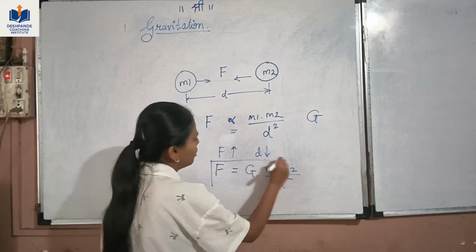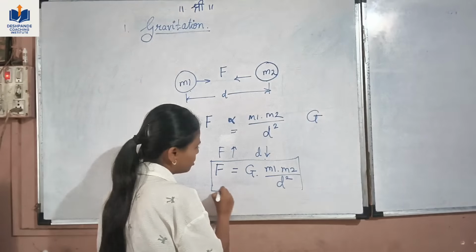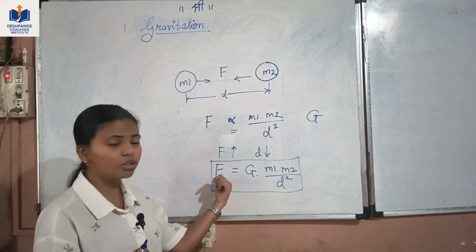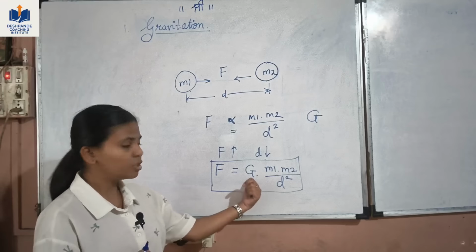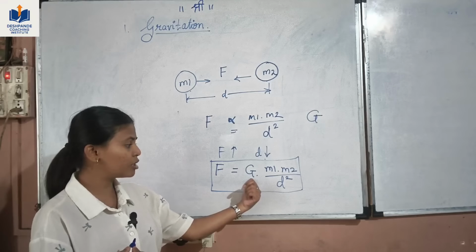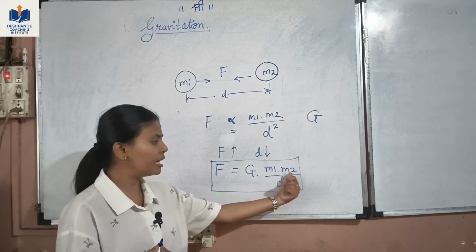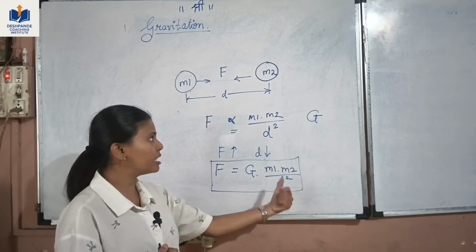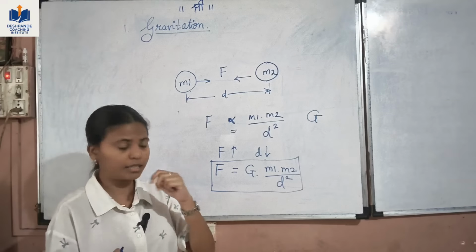This is the final formula for Newton's universal law of gravitation, where F stands for the force between the two bodies, G for the universal gravitational constant, m1 and m2 are the masses of the two bodies, and d is the distance between the two bodies.